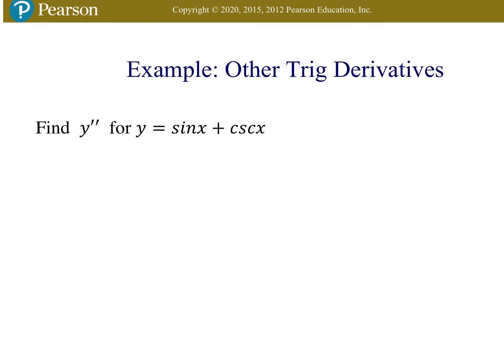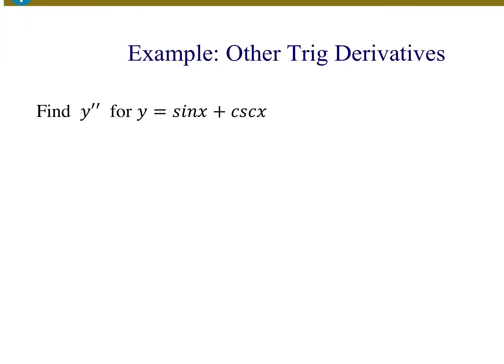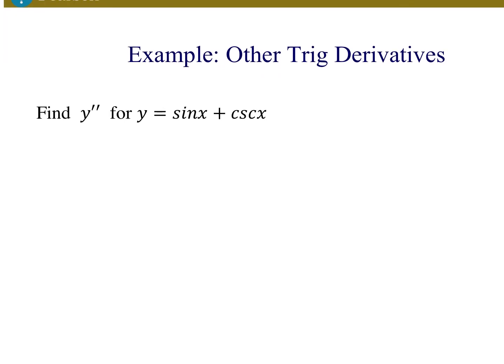Okay, so let's just practice. Find the second derivative. Okay, Kaylin, can you find the first derivative? Negative cosine of x. Okay.